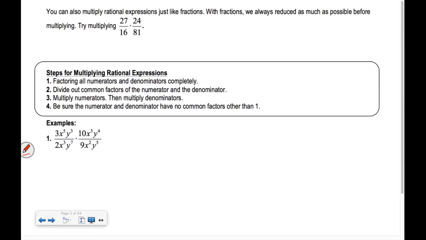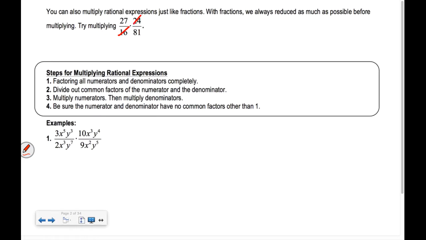So any common factor that's on the top can simplify with any common factor on the bottom. Maybe 27 and 16, those don't have anything in common there. But remember, we would be multiplying everything across the top. We'd have 27 times 24 on top, and then 16 times 81 on the bottom. So really anything that's on the top can cancel with anything that's on the bottom. So let's look through.